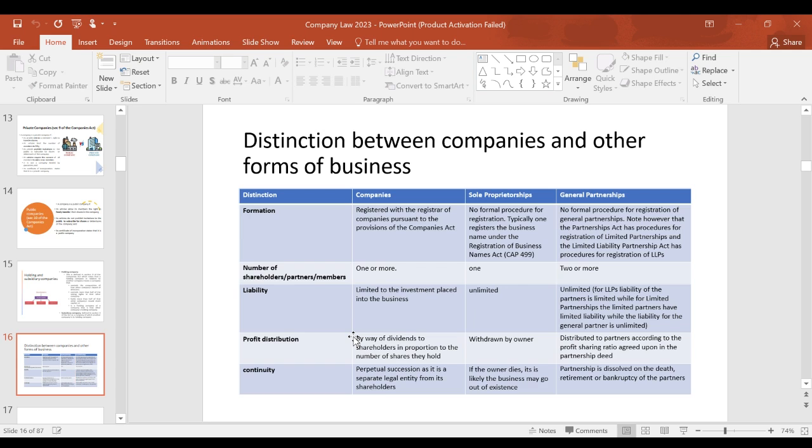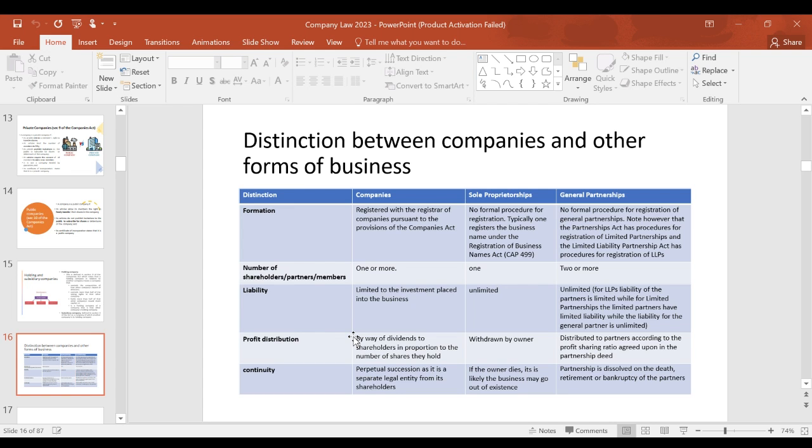Now, what about the continuity of these business forms? With regards to the company, it has perpetual ownership, perpetual succession. In the event that one subscriber dies, the company continues to exist, as opposed to a sole proprietor.